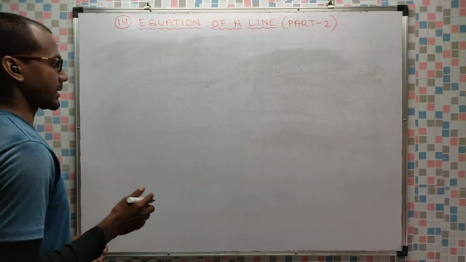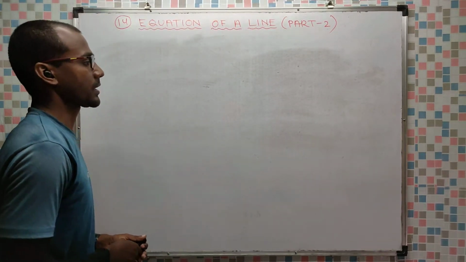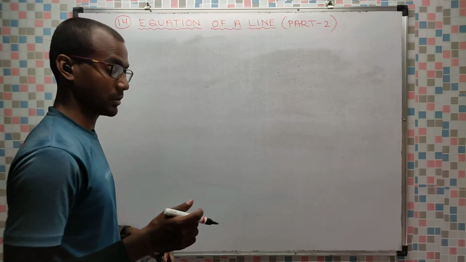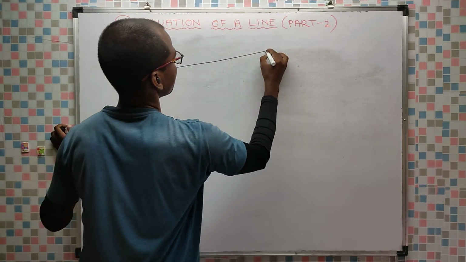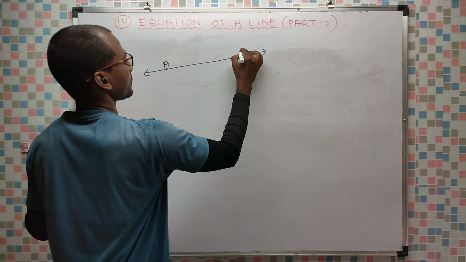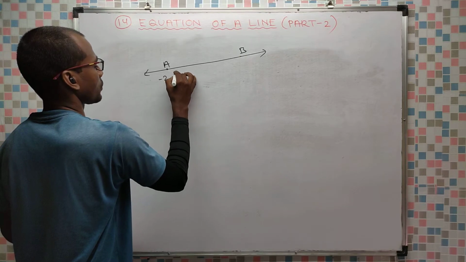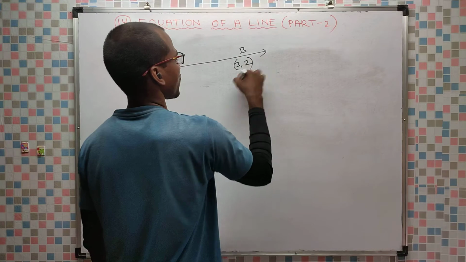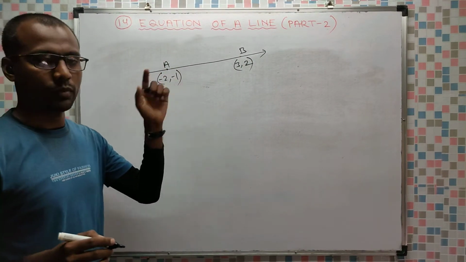Let us take a very simple example. Find the slope of a line which passes through the points, suppose A and B, whose coordinates are -2, -1 and 3, 2. Let us find the slope of this line.